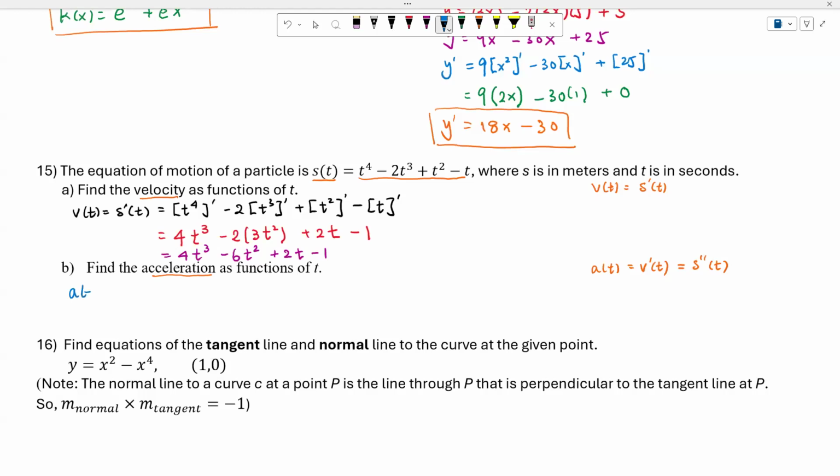Then now, acceleration is the first derivative of v of t, or the second derivative of s. Then we got v of t already. So why don't we take the derivative of this? So I have 4 times the derivative of t to the power 3 minus 6 times the derivative of t squared plus 2 times the derivative of t minus the derivative of 1.